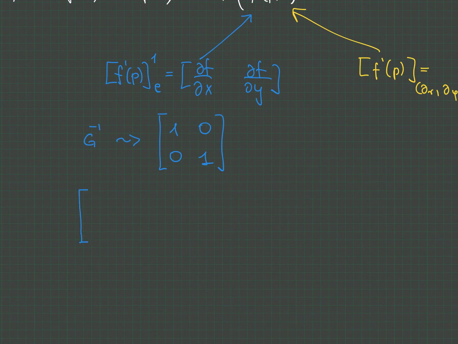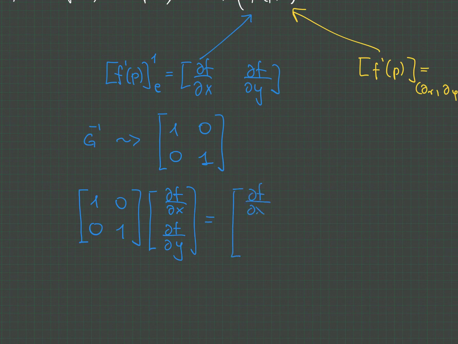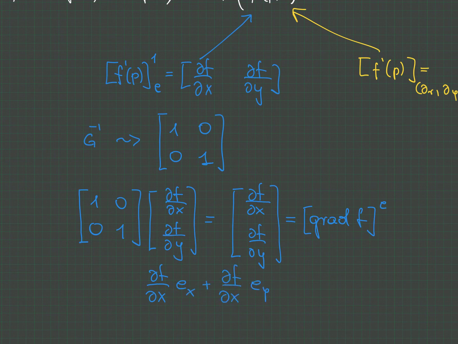And I act with this matrix on this vector, and of course I get this vector, and this is my gradient as a vector written in basis E.